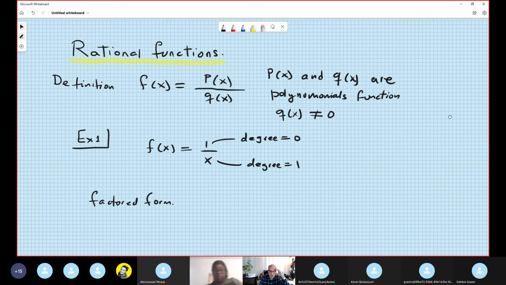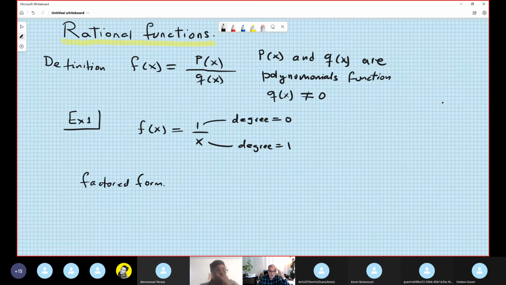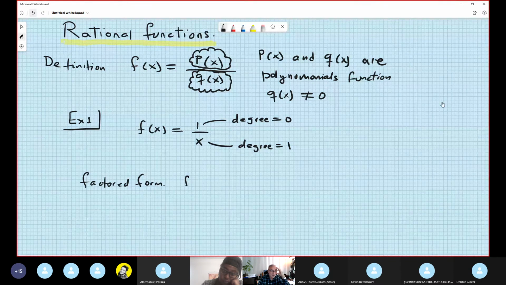Factorization of the top polynomial P, and factorization of Q. It's super important. It's the first step that you should do in any analysis of a rational function. Factorization at the top, factorization at the bottom. Well, in this elementary example, because it's the first one, it's impossible to do anything. The factored form exactly coincides with the original given, so it says 1 over x.